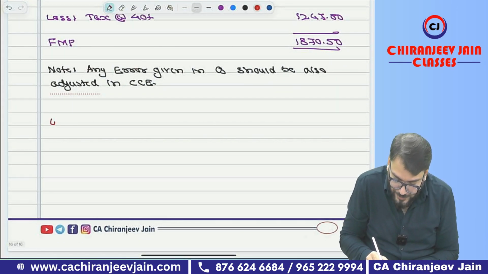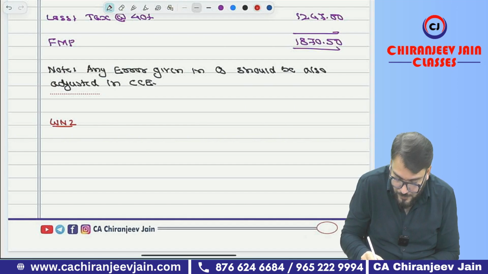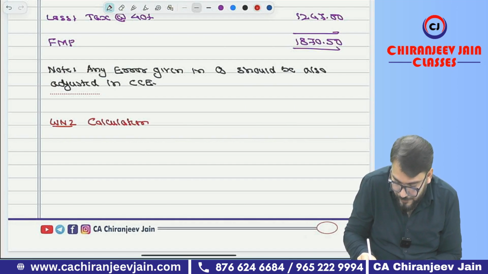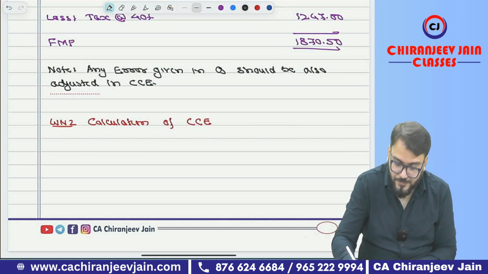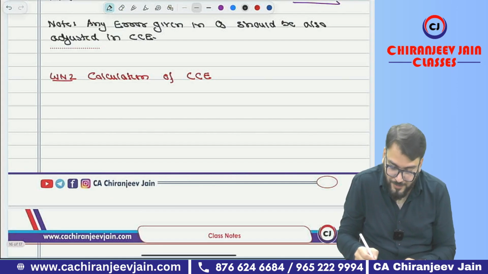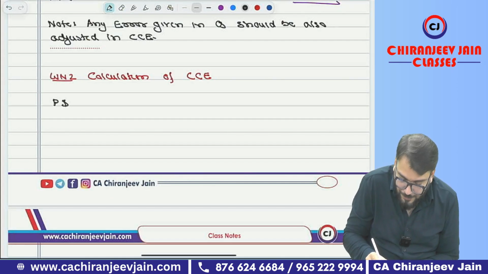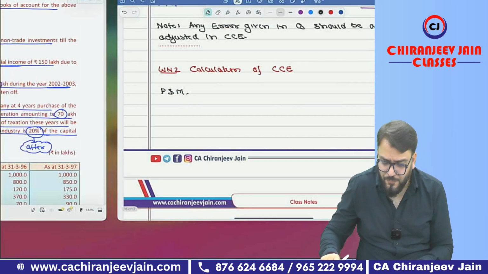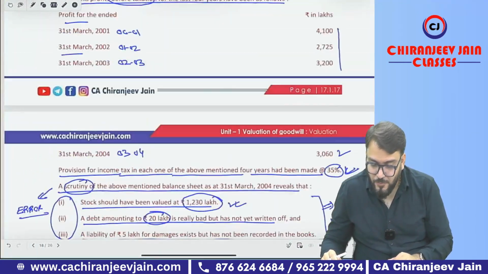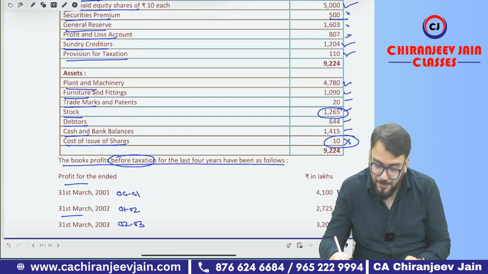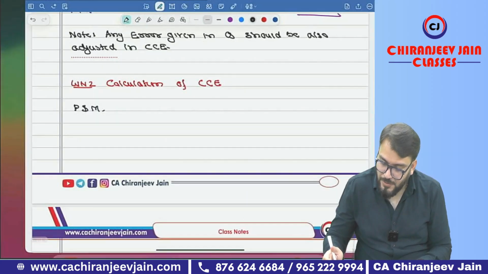Now we'll do working note number 2: calculation of closing capital employed. One by one. First, they have given plant and machinery. No information about fair value is given, so we'll take book value. Plant and machinery is 4780, all in lakhs.